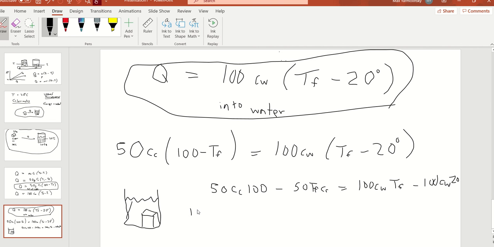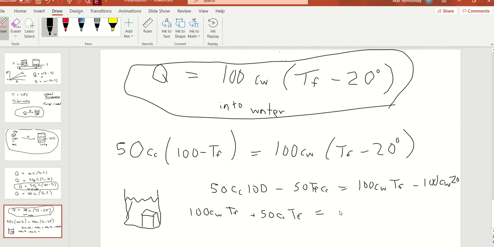You have 100 times specific heat of water times TF plus 50 times C copper, specific heat of copper, times TF. I moved this over to that side, and then I rewrote it on the left hand side.